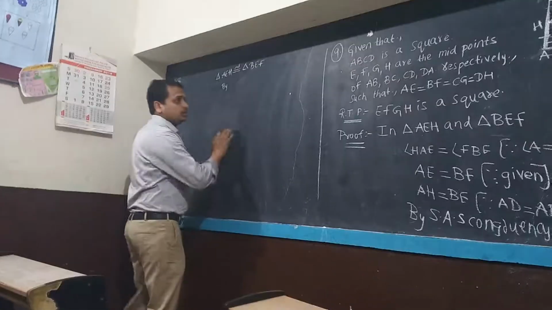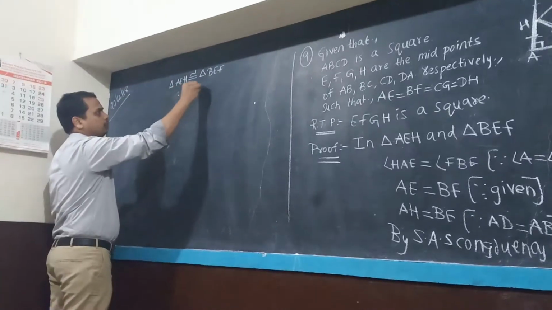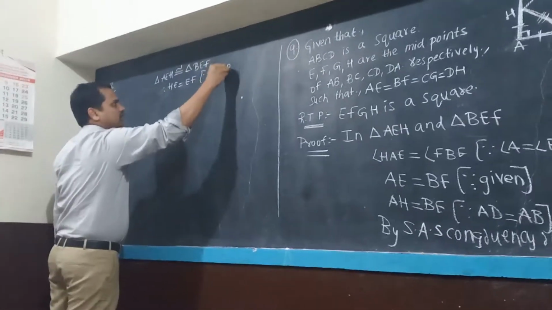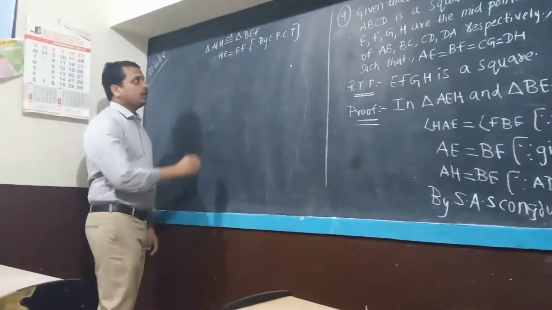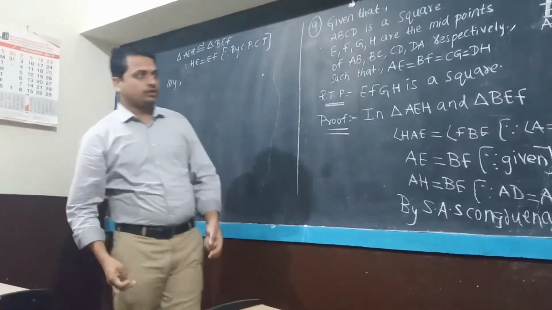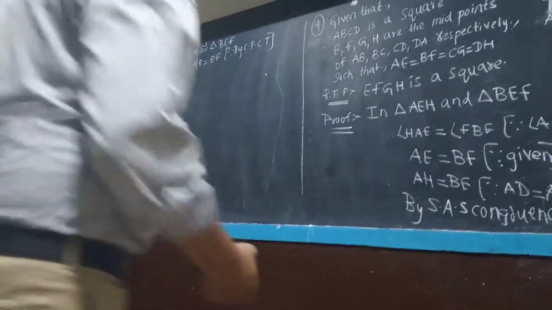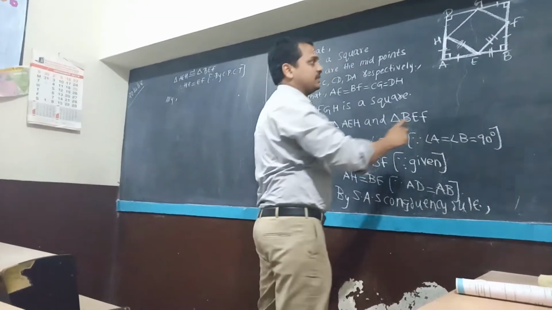Therefore HE is equal to EF, by CPCT, corresponding parts of congruent triangles are equal. We have proved HE is equal to EF by CPCT.